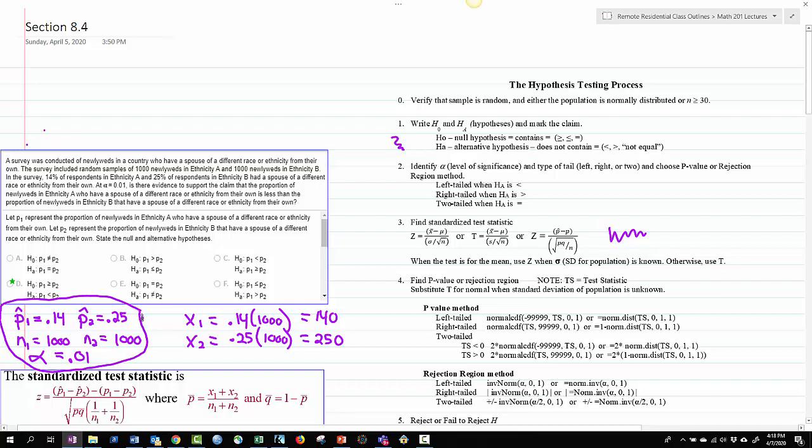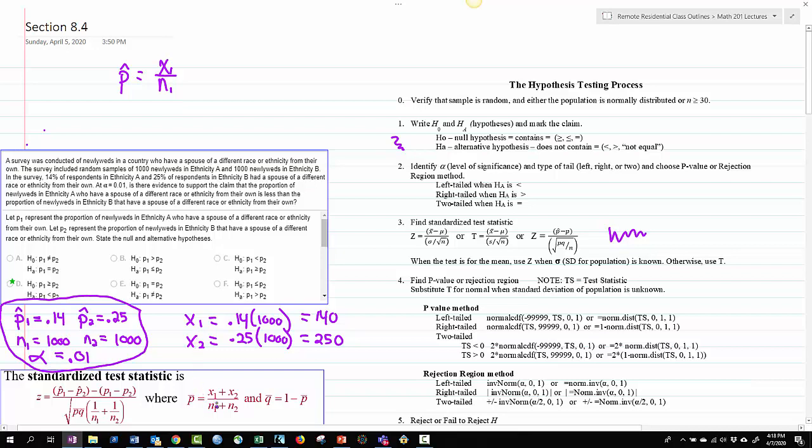Another thing that we're going to need, which I went ahead and calculated right up in the beginning, is the x's. What happens is the proportions, the p-hats, are x1 over n1, the number of positives over the total number. When we enter it in the calculator, we're going to need the x's.